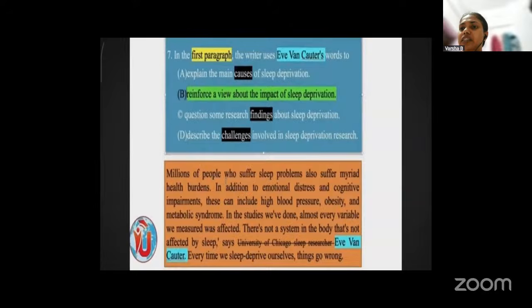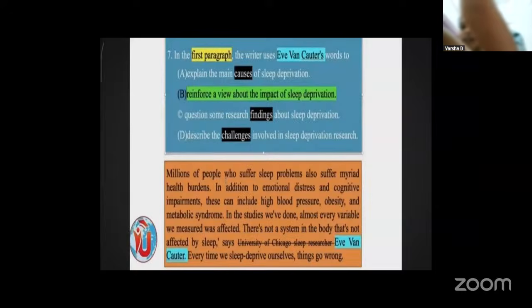So, there's not a system in the body that's not affected by sleep. This is the paraphrasing language they are using, which means every system in the body is affected by sleep, so it already shows the impact of sleep deprivation.